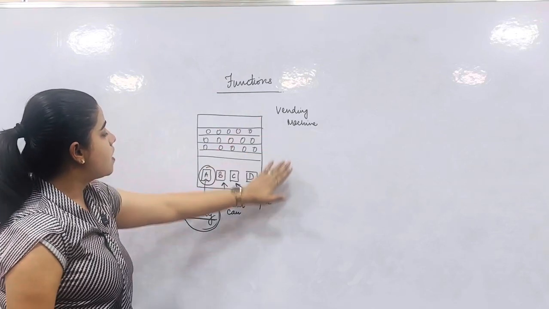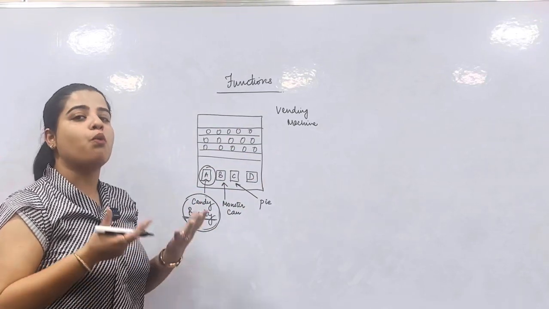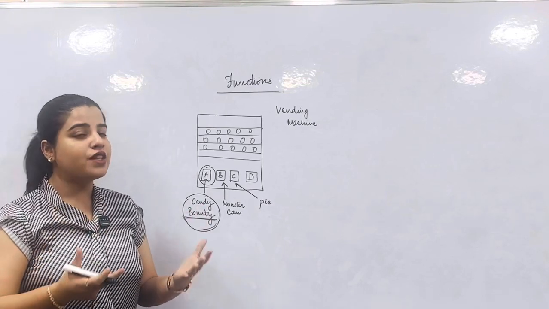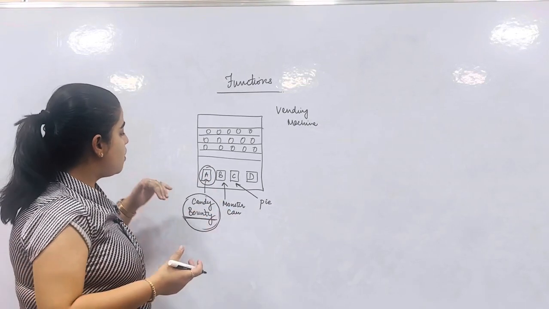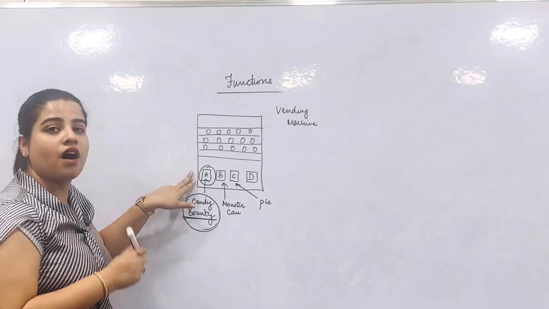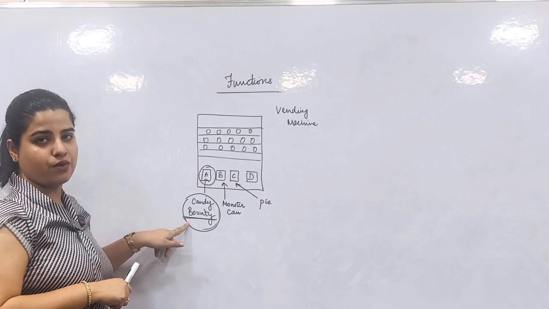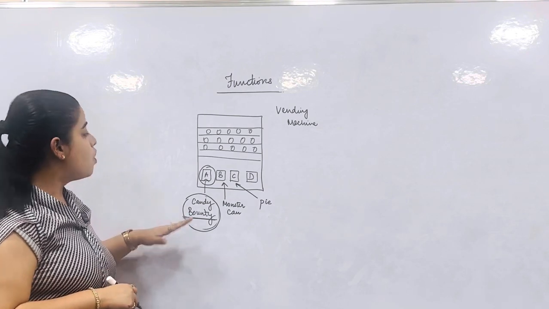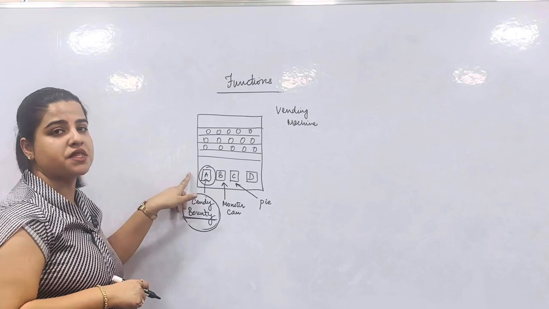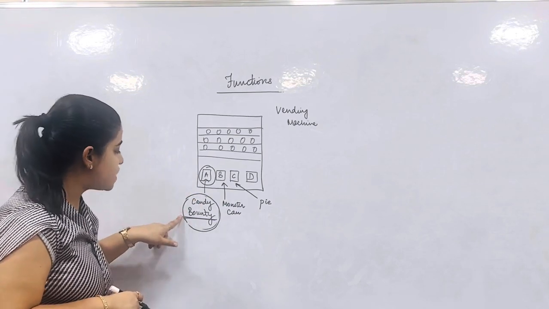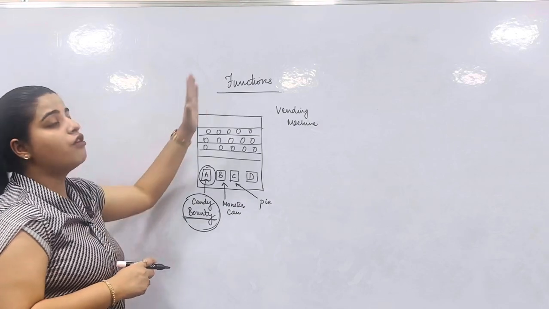So this vending machine is acting like a function. A function is that machine or thing in which when you input a value, you'll get a unique output value. So a function is a machine in which when you input a specific value, you get a specific output. That is your function.